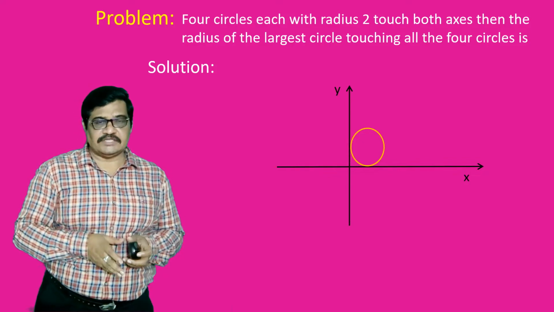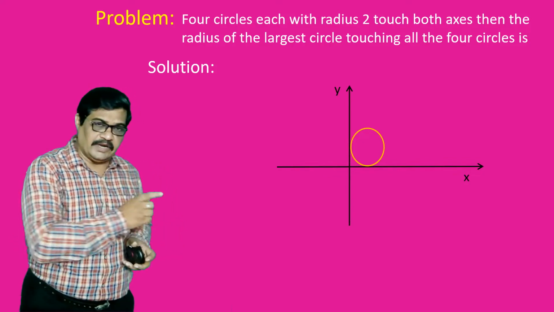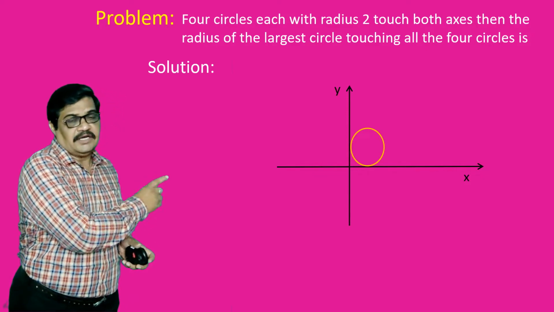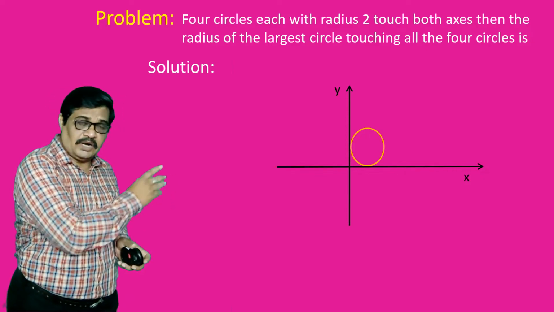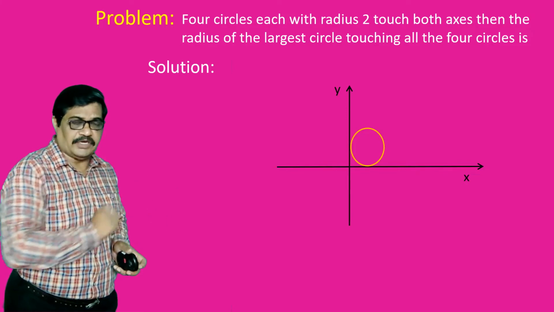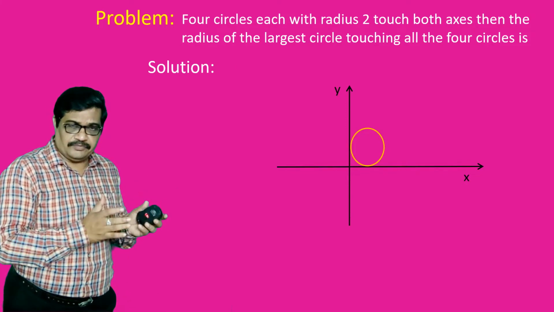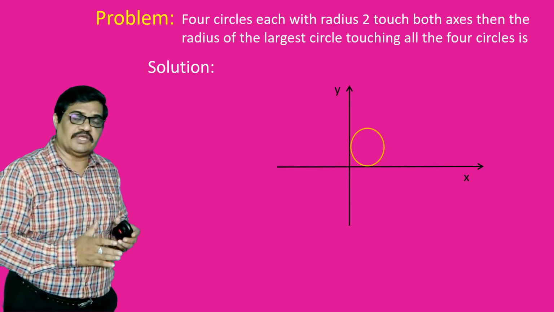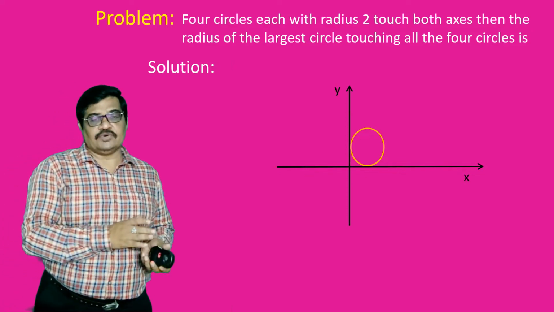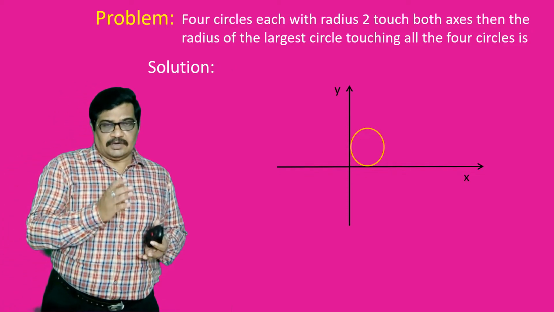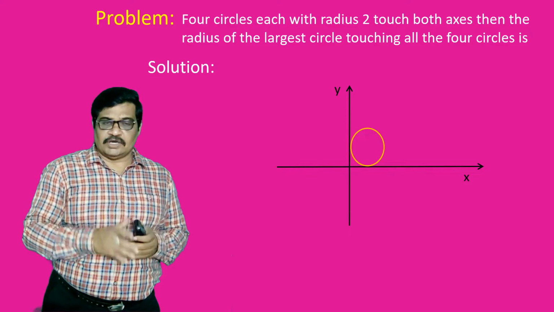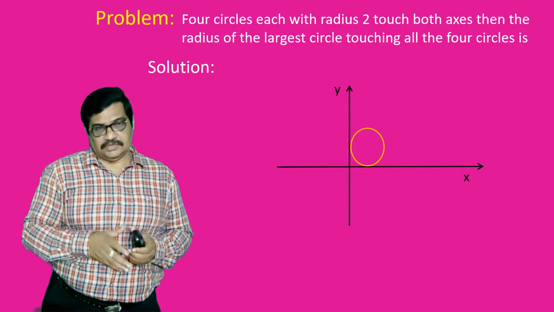So this is the first circle, touching both the coordinate axes, and its center is at (2, 2), and the radius is also 2 units. When a circle touches both the x-axis and y-axis, the x coordinate and y coordinate of the center are equal and also equal to the radius.